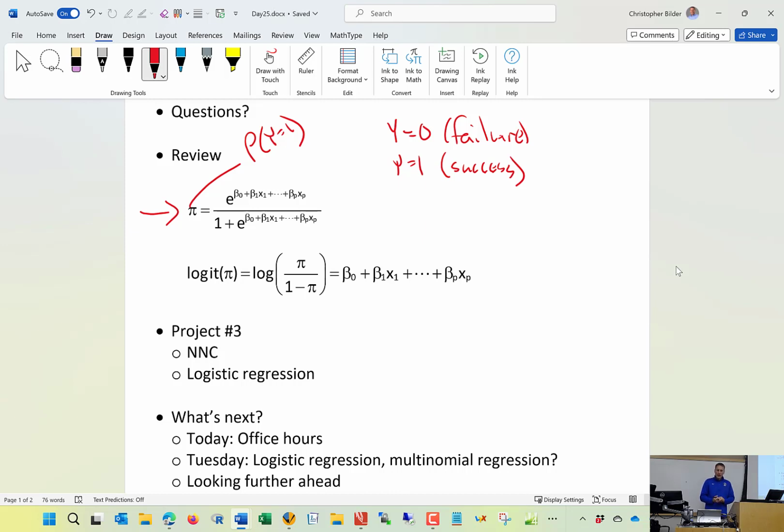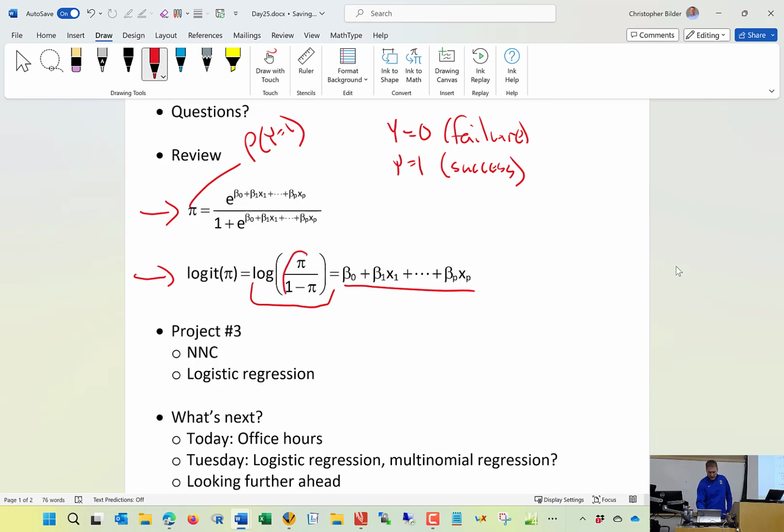Another way to represent this model is like this, where we just use some math so that we get this linear combination of the betas and the x's on the right side, and we are left with the log of pi over 1 minus pi. People often do a little shortcut notation with this and say that this is the logit of pi.